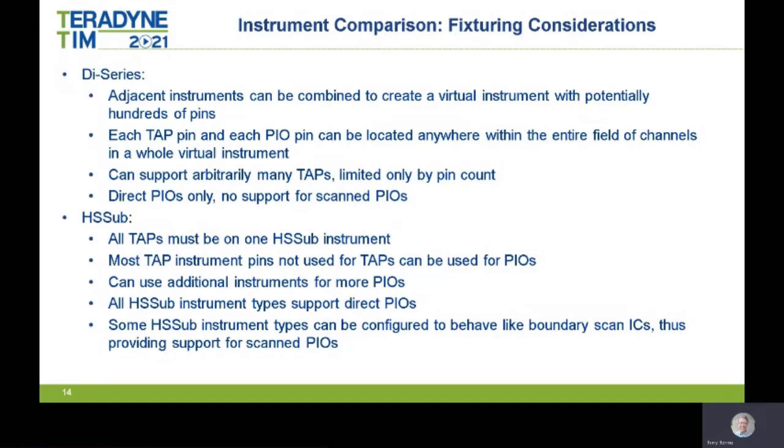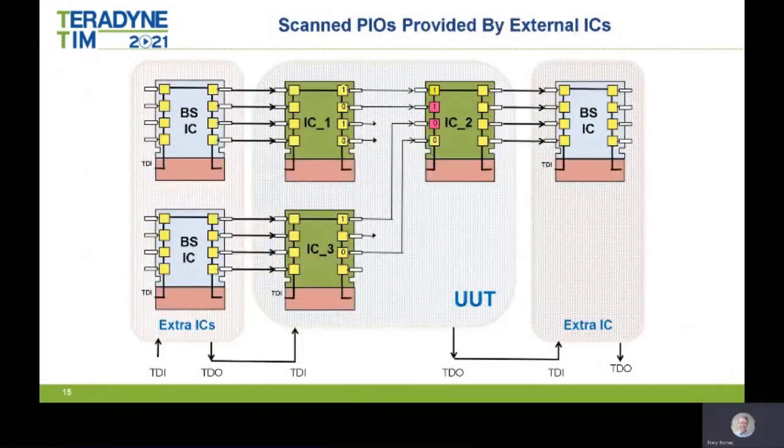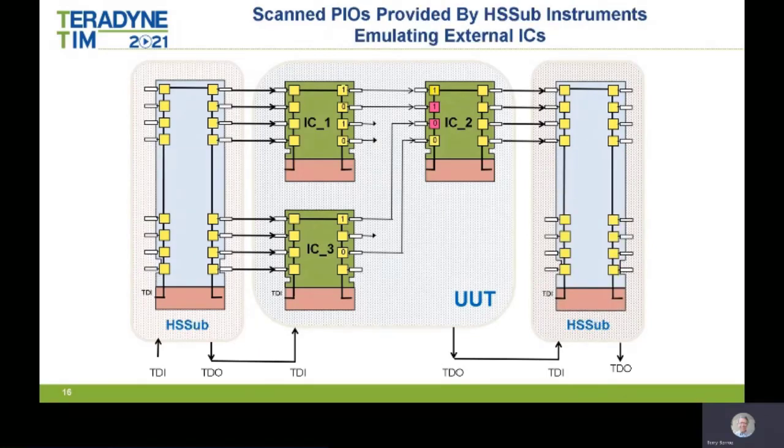We now have firmware available that lets you configure some HSSub instruments to emulate boundary scan ICs. So as I mentioned before, you can get scanned access to UUT edge pins by connecting to boundary scan ICs placed nearby, or alternatively, you can achieve the same result by using HSSub instruments, since they can be configured to emulate boundary scan ICs.